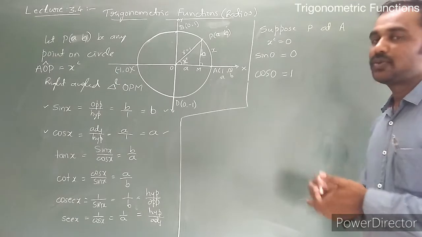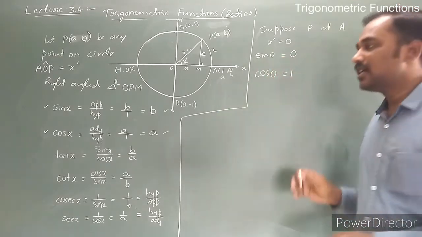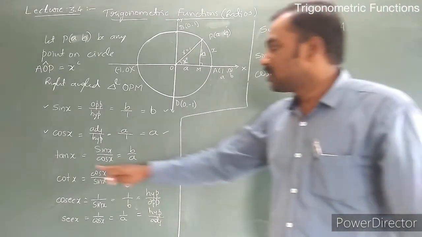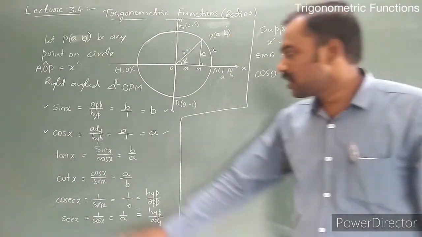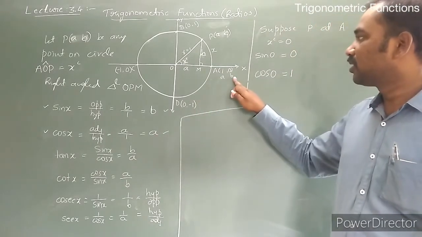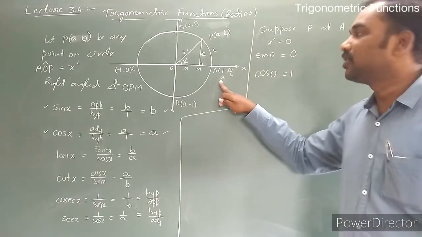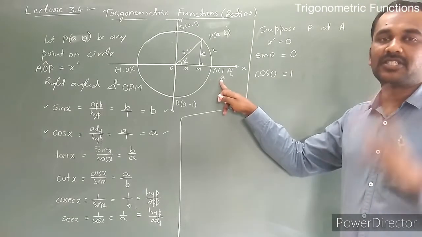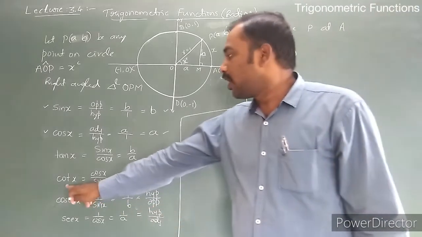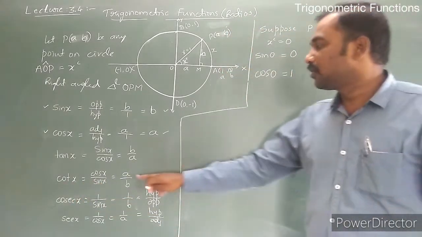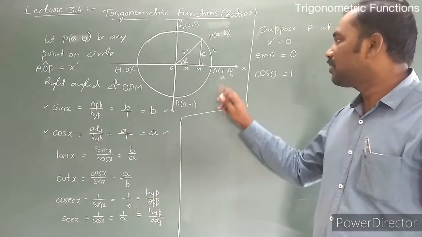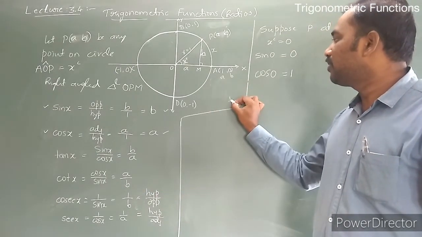If we get these two values, we can easily find the remaining four trigonometric ratio values. What is the tan of 0? Tan 0 is nothing but B by A. B by A is 0 divided by 1, which is 0. Tan 0 is 0. Next, cot of 0. Cot of 0 is nothing but A by B. A value is 1, B value is 0.